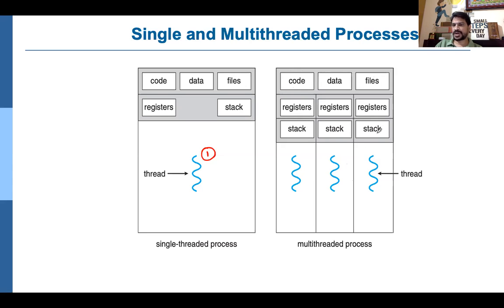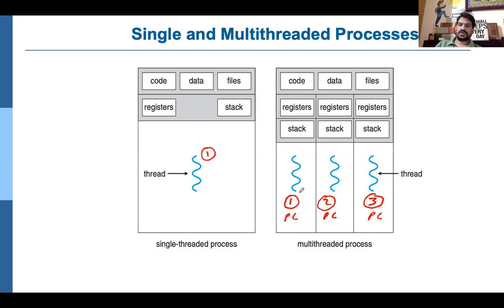There are separate program counters and separate IDs. So all these threads have IDs, let's say the IDs are 1, 2, 3, and there are program counters also, which are dedicated to these threads only. So you can see that that's why the thread is called a lightweight process.